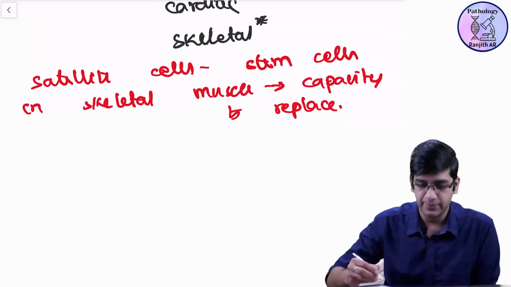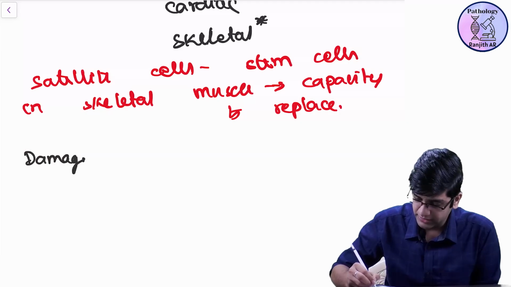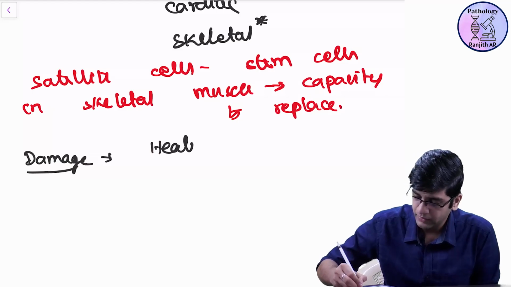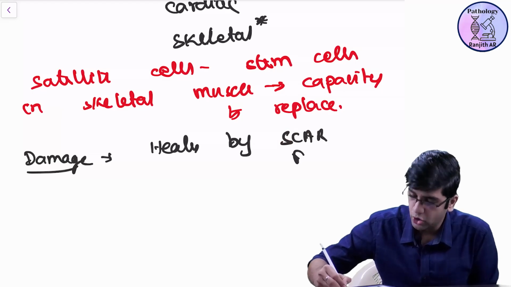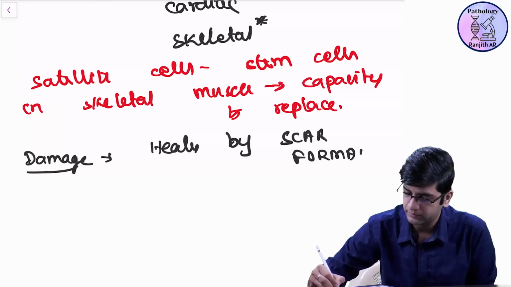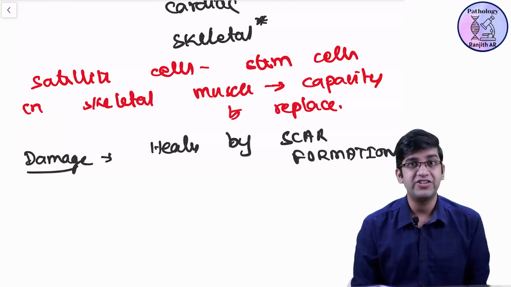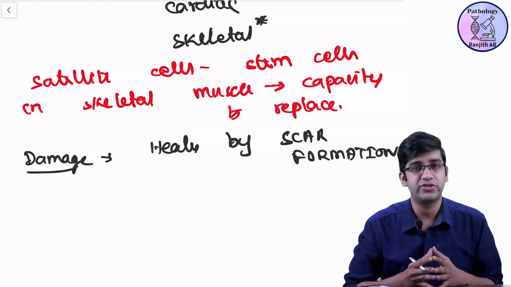So when anyone has damage in a permanent tissue or a terminally differentiated tissue, they are going to heal by scar formation only. The outcome is almost always scar formation. Regeneration is very, very limited because they don't have the capacity to regenerate, right?